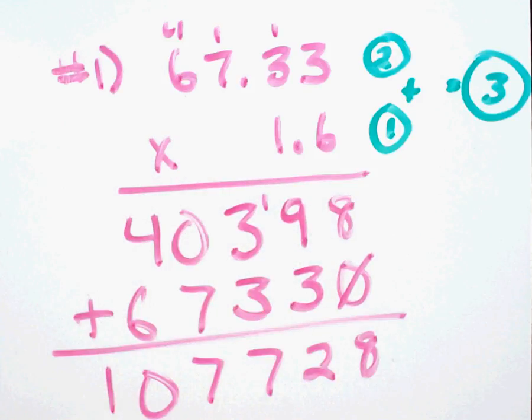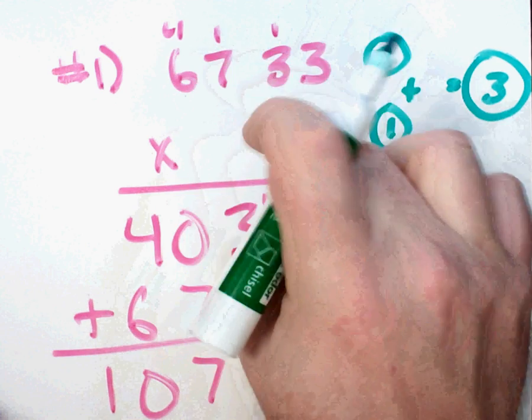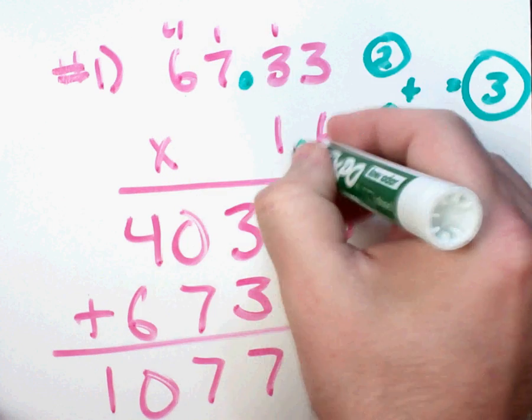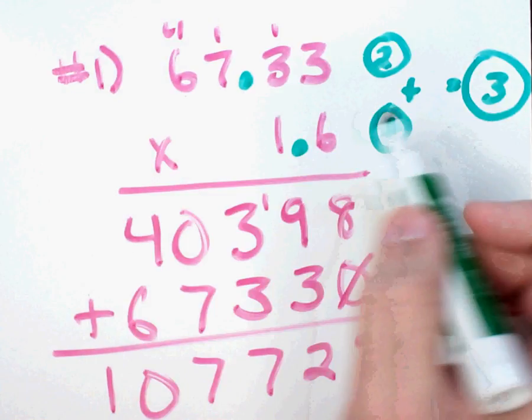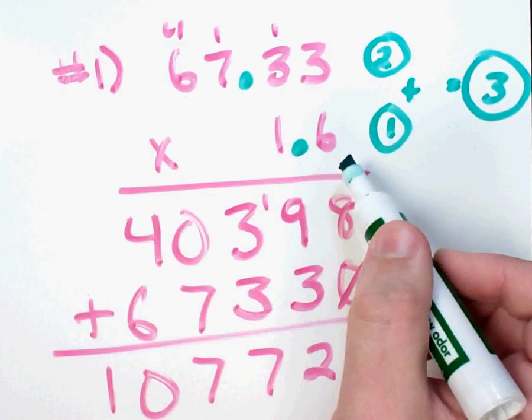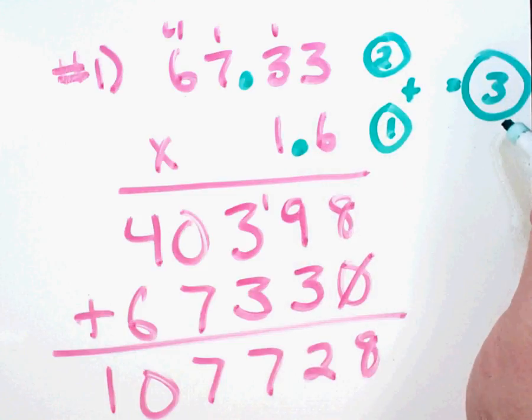So now we come to the final part of the problem where we have to place our decimal. So as we identified earlier, we have two numbers to the right of the decimal on my first number that I'm multiplying and one number to the right of the decimal on the second number I'm multiplying. So I've got three total numbers to the right of the decimal.